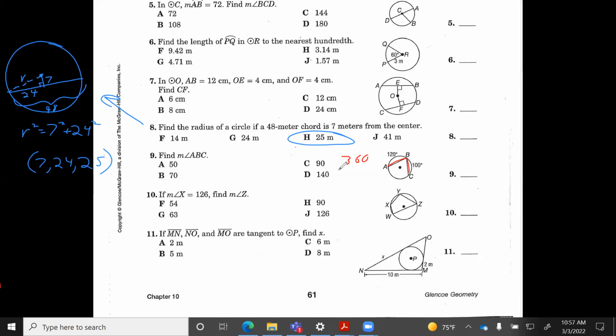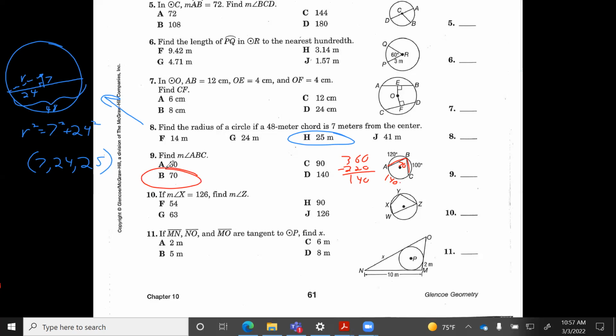So subtract off a total of 220. Leaves us with 140 for this arc. What's the angle? Is it also 140? No. So if it's on the circle, it's half of the intercepted arc. So it's going to be V.